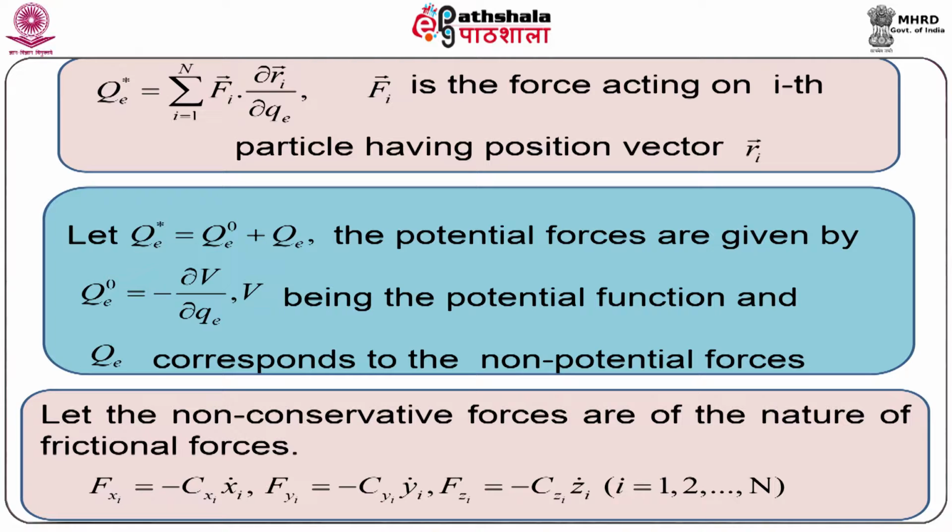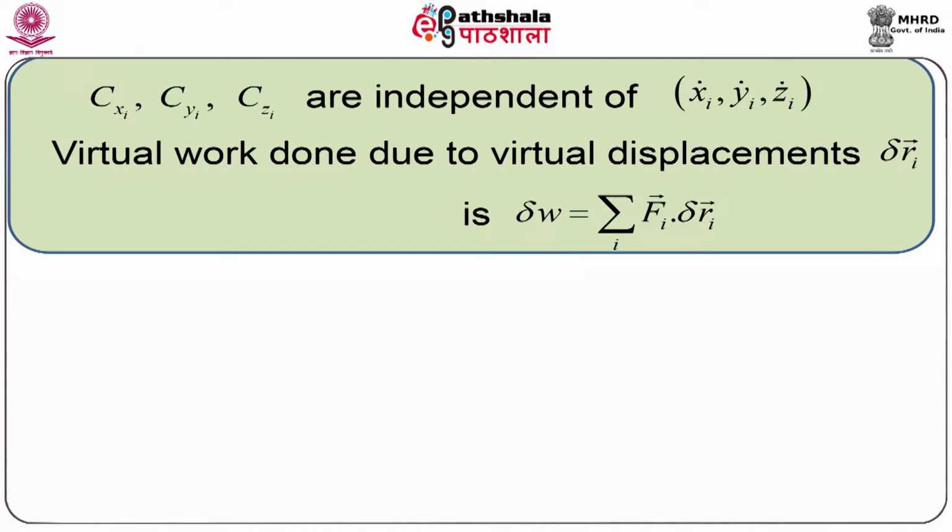Similarly, we get Fyi and Fzi, where Cyi and Czi are proportionality constants, and yi dot and zi dot are the components of velocity along the y and z directions respectively.